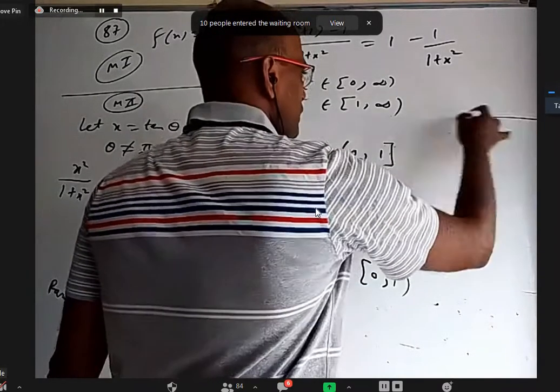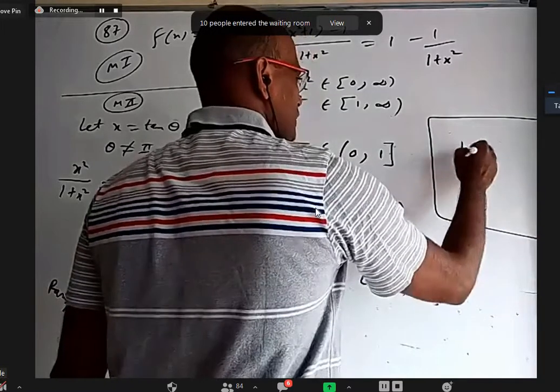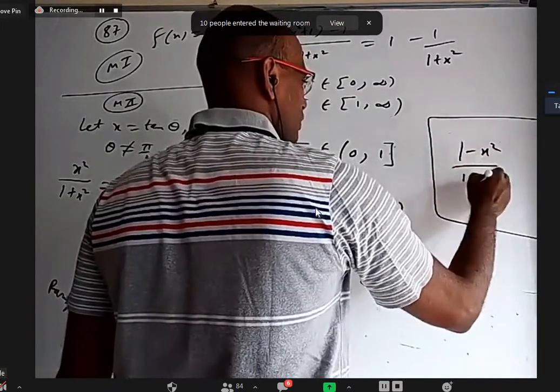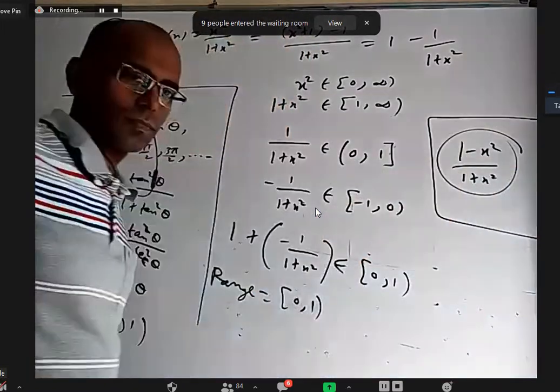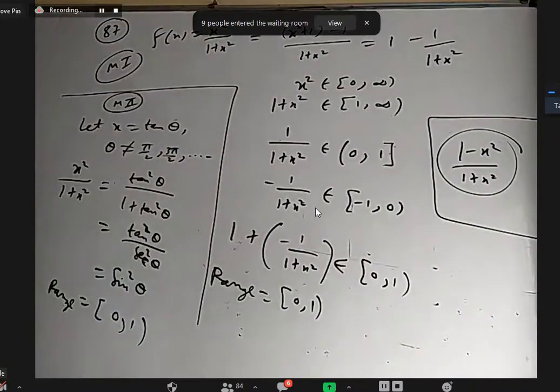Let me see, without writing much, if somebody can say this range, 1 minus x square by 1 plus x square. Don't have to write, just look at this and tell me what is the range of this.